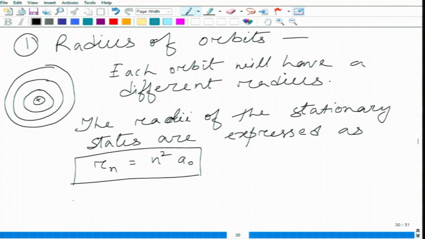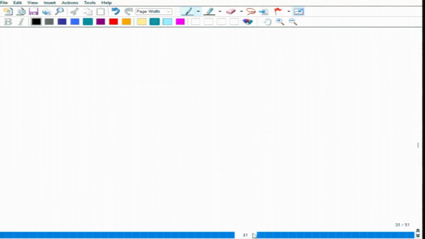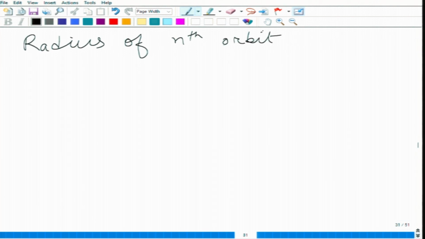Let's say now we will find out the radius of nth orbit. So, for the radius of nth orbit, what will be the centrifugal force acting on the electron in this orbit?